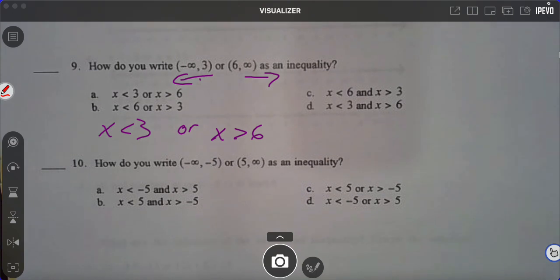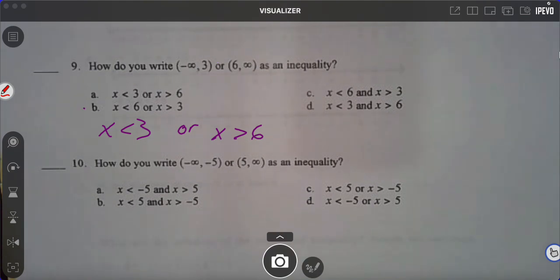Y'all, if it's written separately, like it's got the word "or," it's easy to tell what your answer is going to have in it: the word "or." If they have the word "or," your answer is also going to have the word "or." So it gives you half your answer choices already.